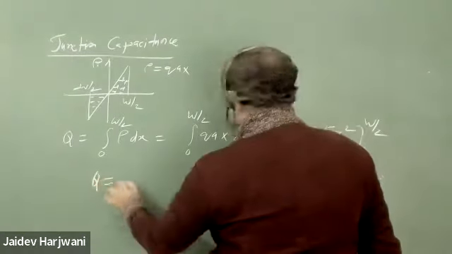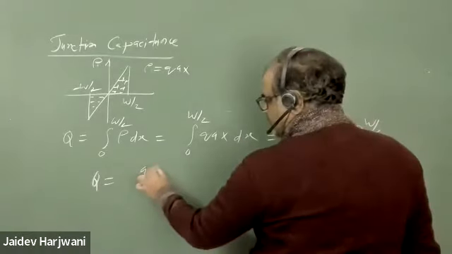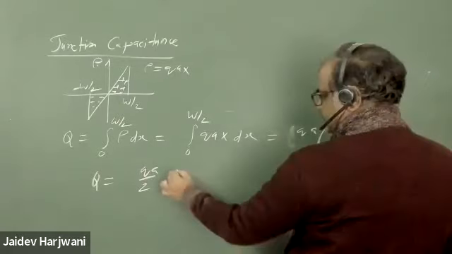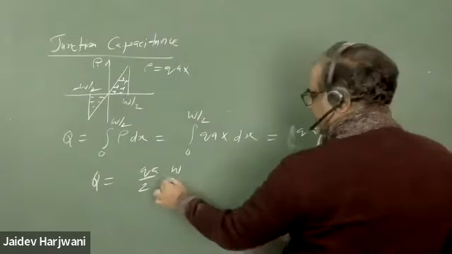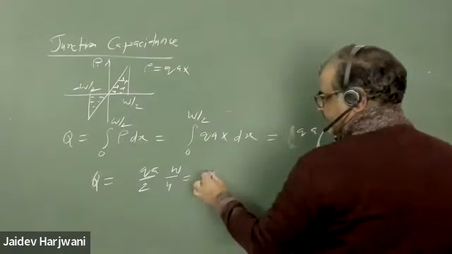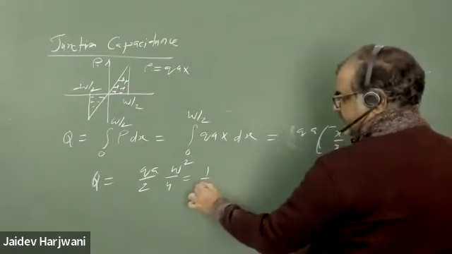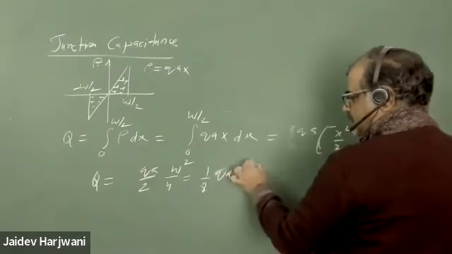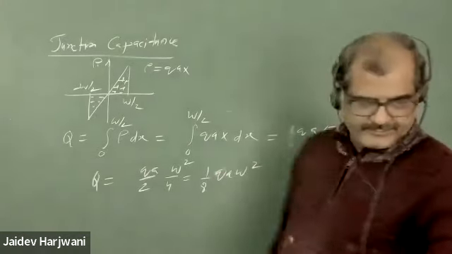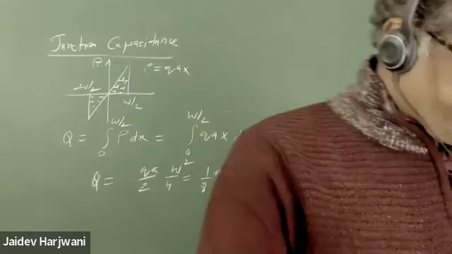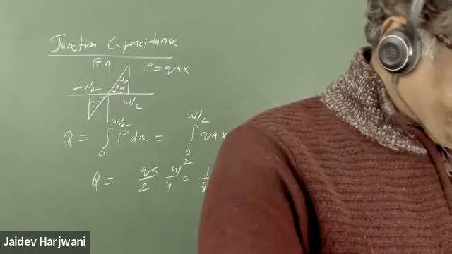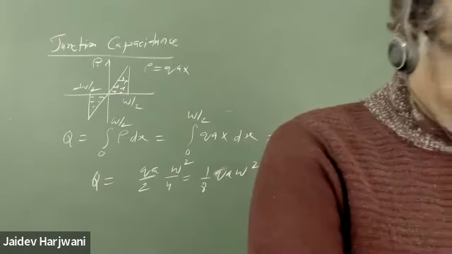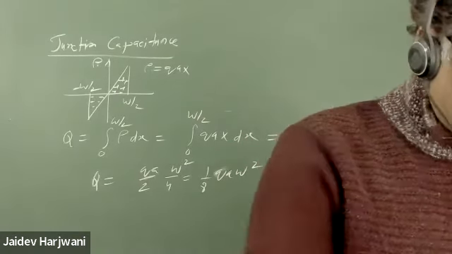So the Q value becomes qA by 2, and x square is W square by 4, so this becomes 1 by 8. So Q is qA W square by 8.